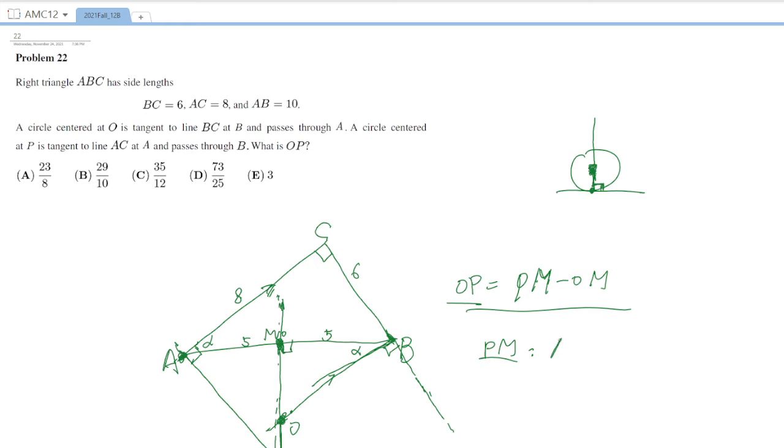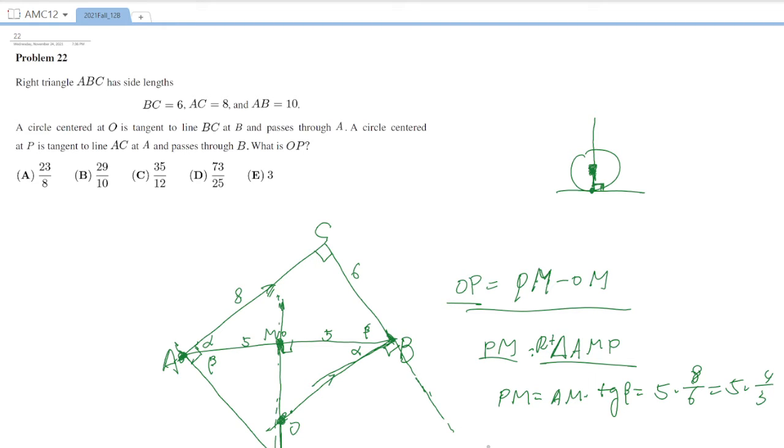PM is in the right triangle AMP, so PM is equal to AM times the tangent of beta. That's easy: 5 times the tangent of beta, which is 8 over 6, is 5 times 4 over 3.